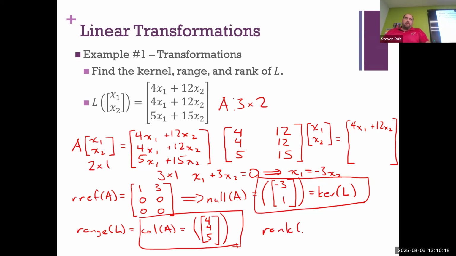So in this case, what's the rank of L? 1. So the column space has one vector in its basis. We didn't find the row space, but that would also have one vector in its basis. Those two things always have to be identical.